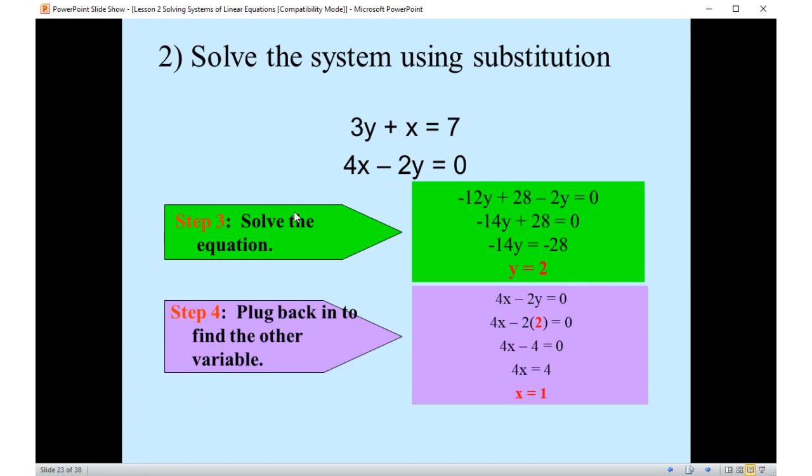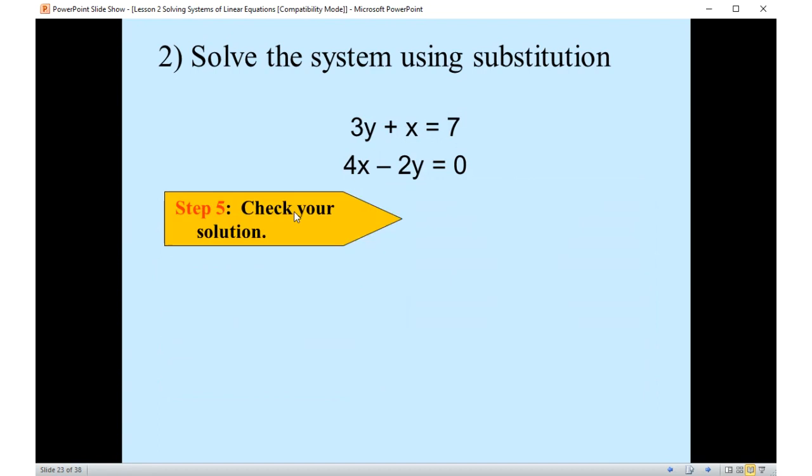So it's 1, 2, not 1/2. Sorry about that. Now we have to check our system by substituting 1 and 2 back into each equation, and they both work.